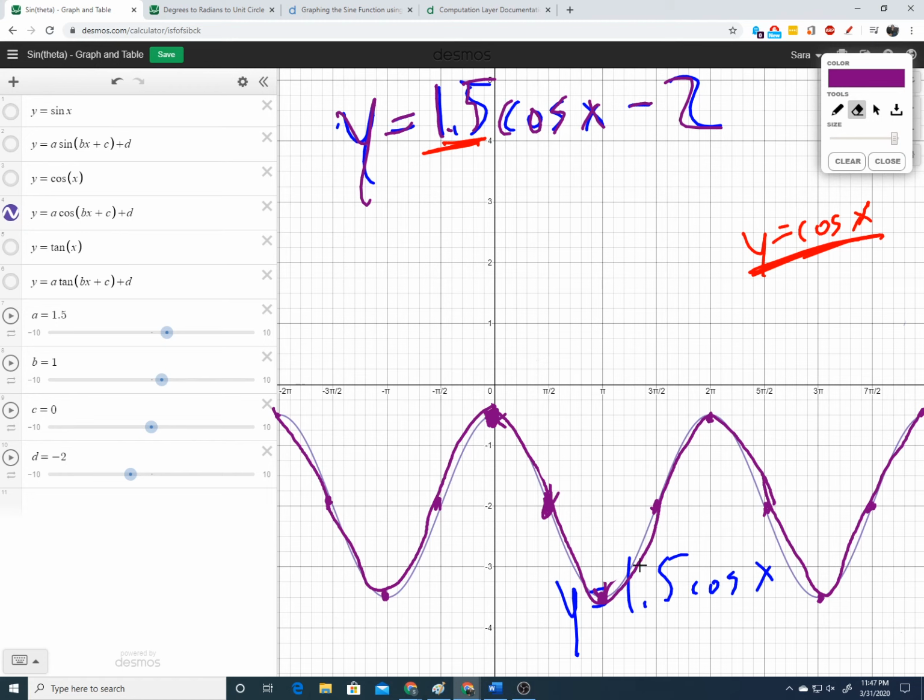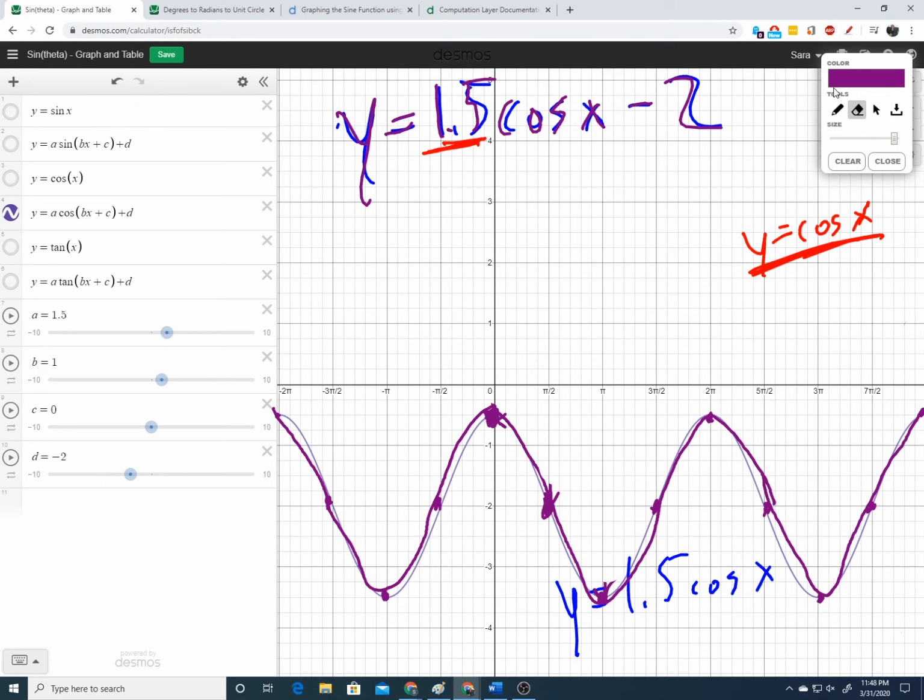I had a red function, I had a blue function, and I had a purple function. I do recommend that you use colored pencils when you're doing this by hand, so that you can remember which line goes with which thing. Because when you do have this many lines, it does get confusing. But from what I found, graphing it by hand like this, you're going to learn it more deeply than you would just focused on Desmos. All right.